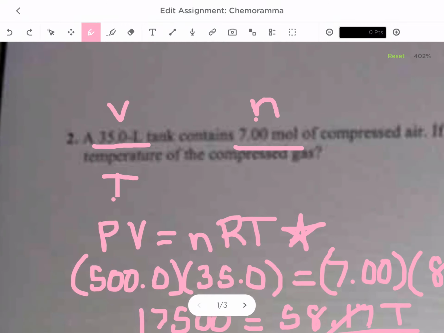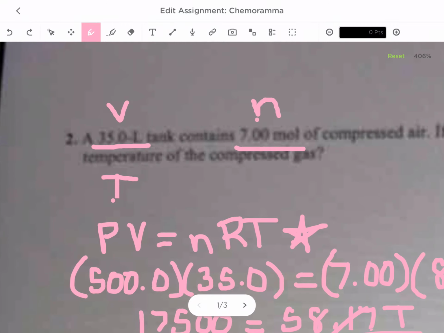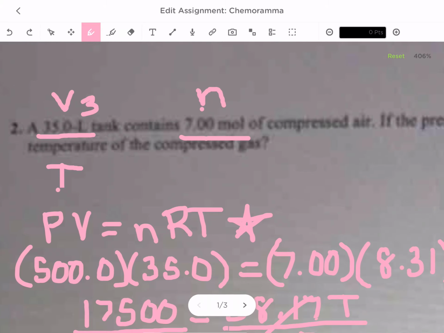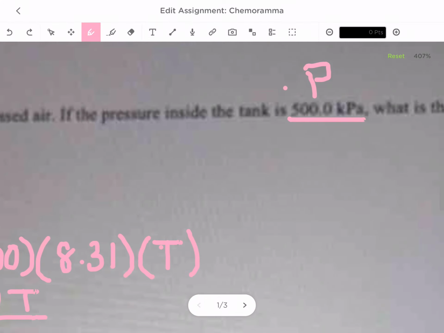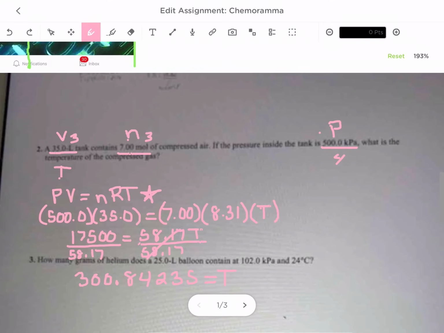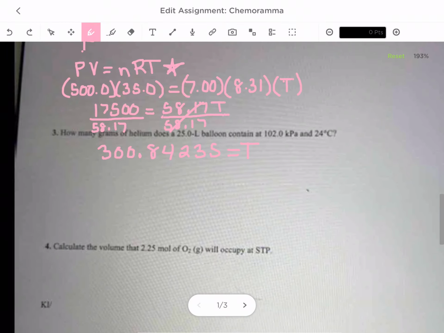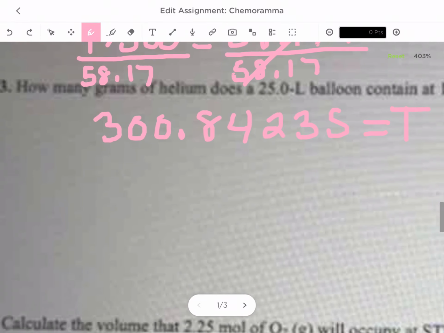So let's look at our original problem. 35.0 has 3 significant figures. 7.00 has 3 significant figures. And 500.0 has 1, 2, 3, 4 significant figures. We can't have the most, we can only have the least. So volume and number of moles both have 3. So I need to make my answer have 3.